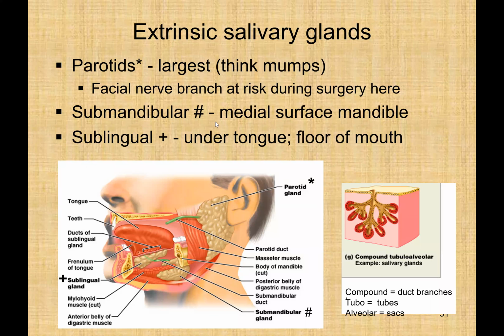Then we also have the submandibular, and the sublingual under the tongue. The salivary glands are usually compound tubulo-alveolar glands. Histologically, they are compound tubulo-alveolar glands, especially the parotid gland.